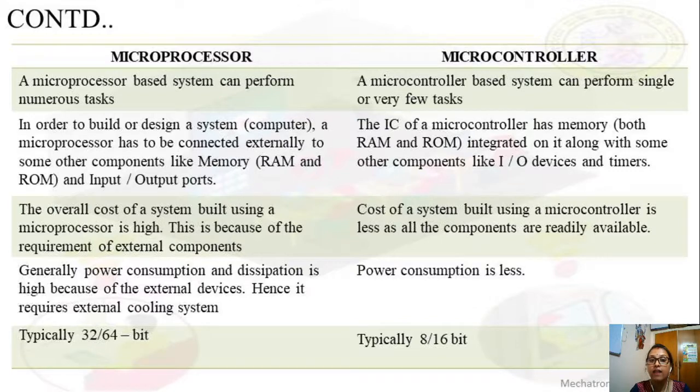In a microprocessor, if there is a fault in the CPU, we can replace the CPU, or if there are glitches in input output or memory devices, we can replace them individually. In the microcontroller, we have to replace the whole chip if any fault occurs.